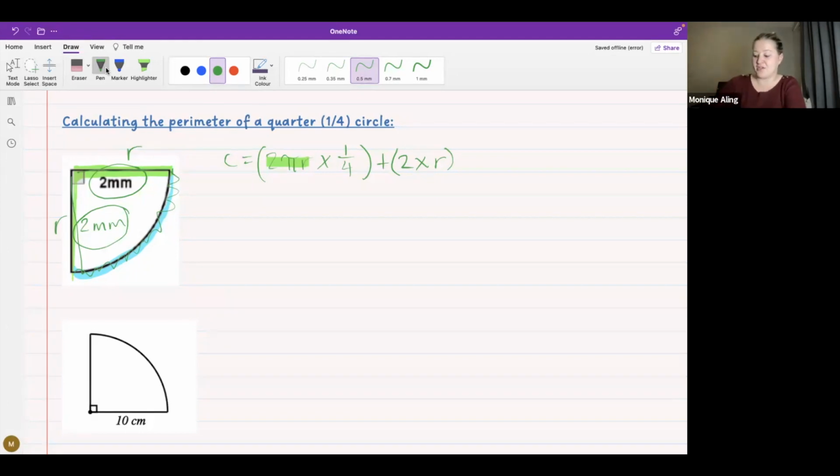Again, I know I haven't mentioned it, but please use pi is equal to 3,142.